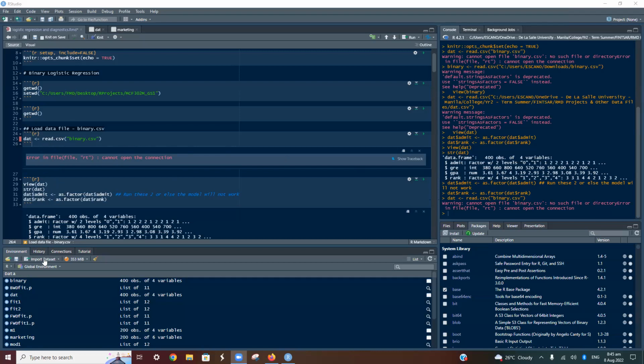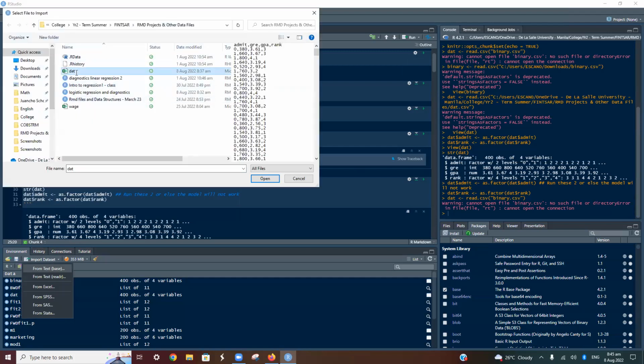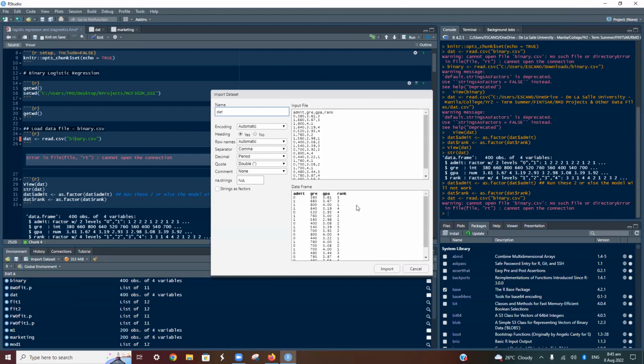Hindi to pa pwede, kasi read.csv hindi natin identify yung ano mo. Sa import ka pumasok, import dataset. Did you do that? Yes po, sir. Ito na ba? Wait. Sige. Pinalitan mo ng pangalan. You changed the name already.